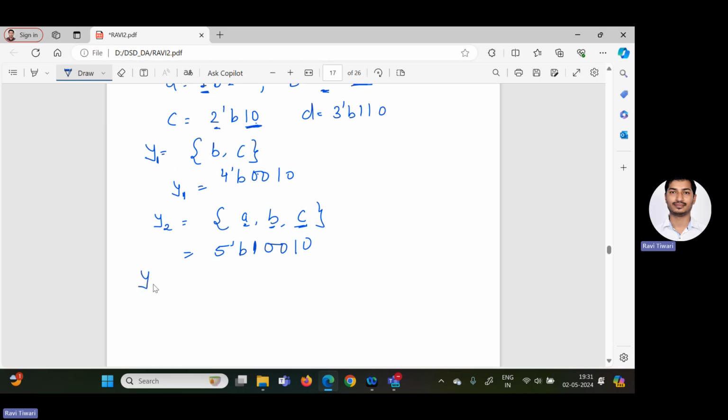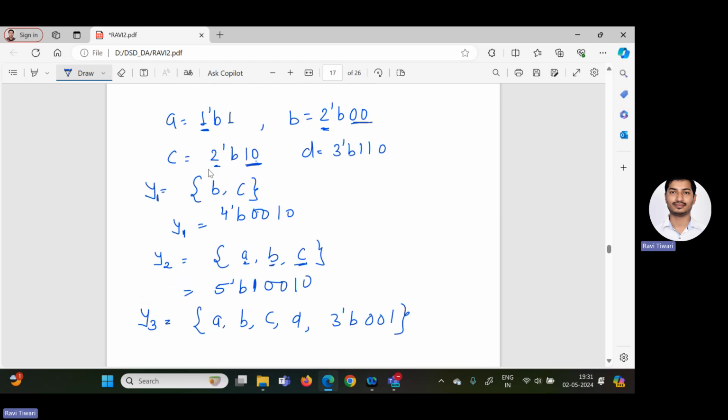For example, I am writing Y3 is equals to {A, B, C, D, 3'b001}. In the curly bracket, whatever we will write down, it will combine. So first you write down the values here, right? So what is the value of A? A is 1. B is 00.